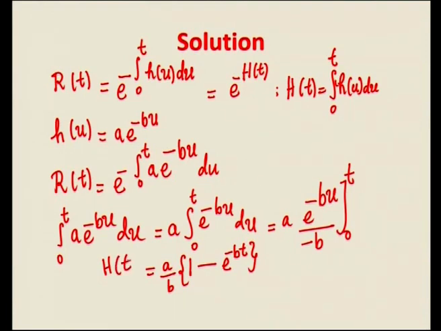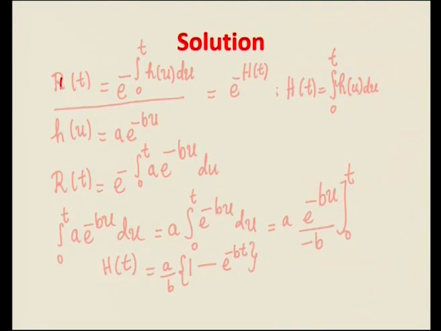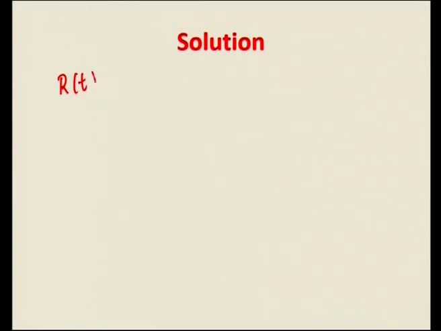Now, substitute the cumulative hazard rate in the expression out here. We have the following. So, we get capital R of t equal to e power minus a by b into 1 minus e power minus b t.